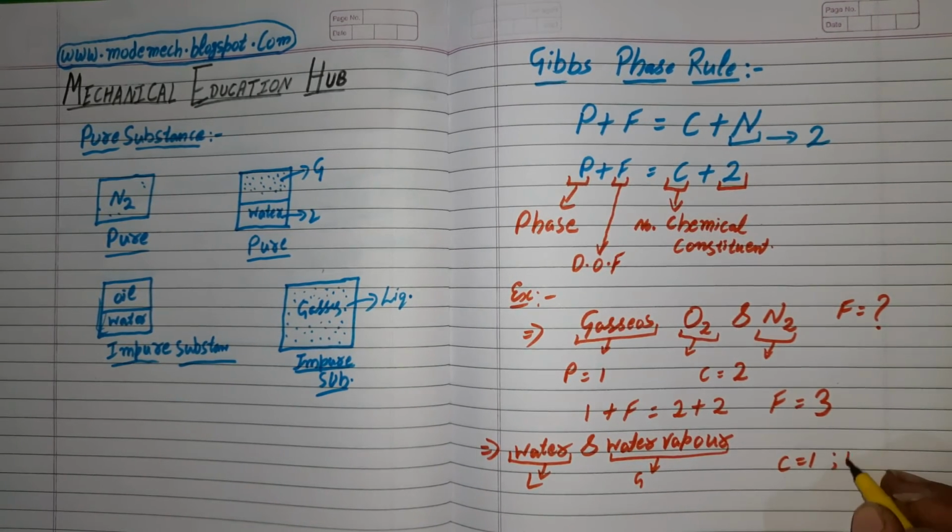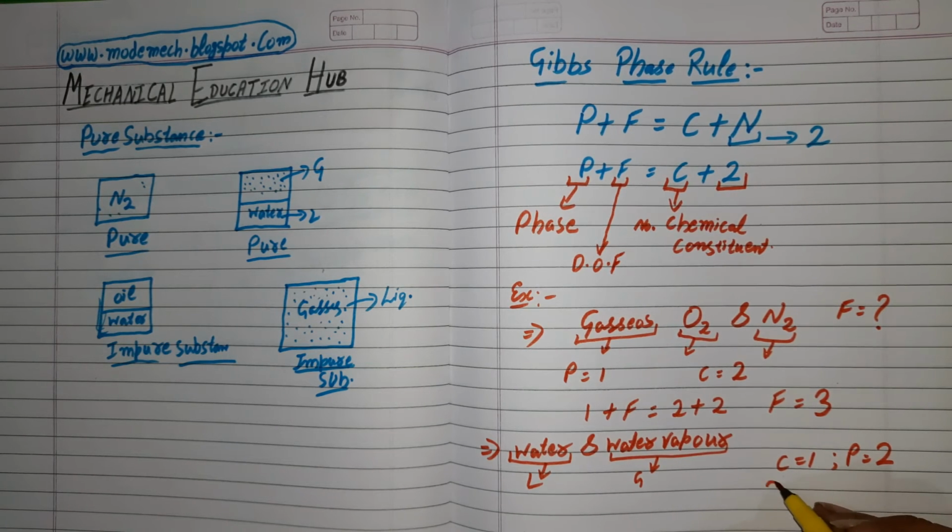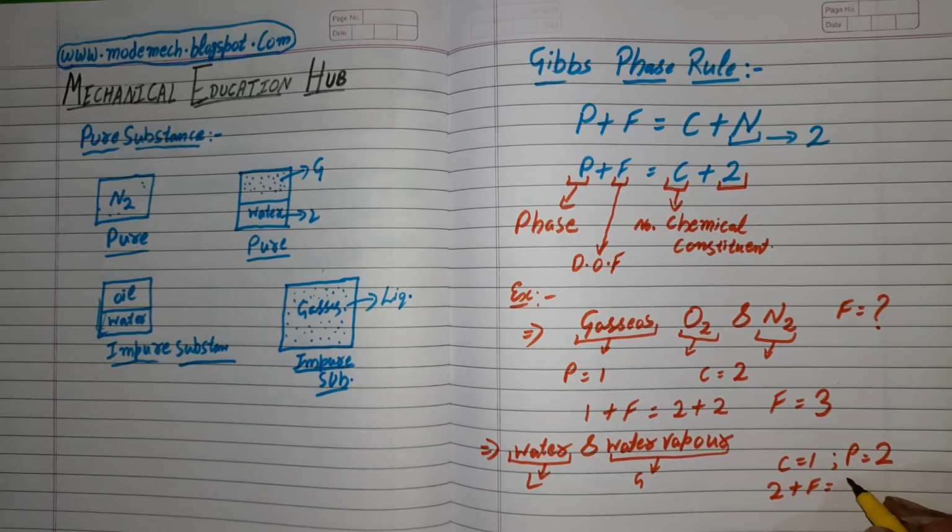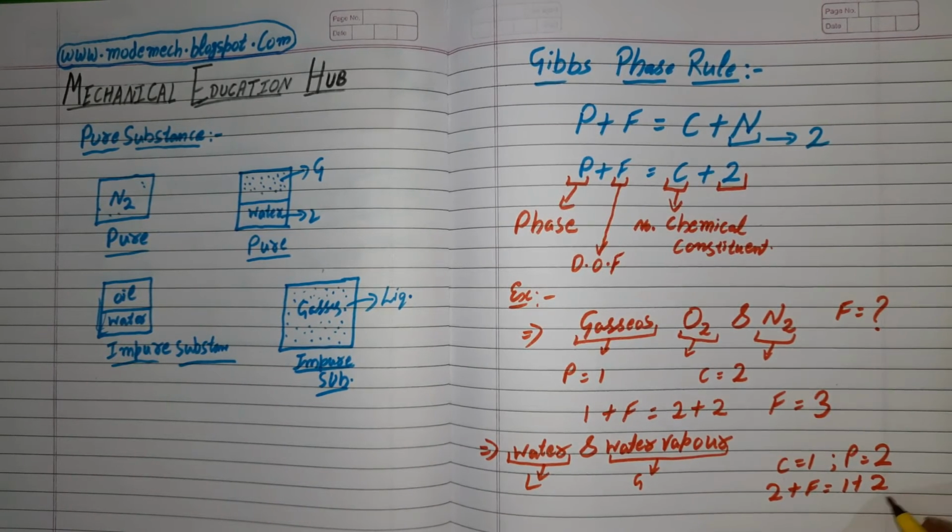Therefore here we will have P as 2. Now according to the formula P plus F equals C plus 2, we get 2 plus F equals 1 plus 2. Now here our degree of freedom is 1.